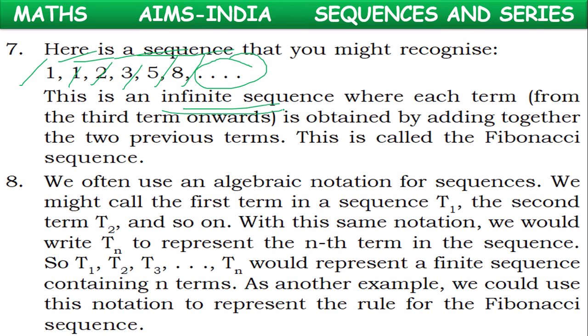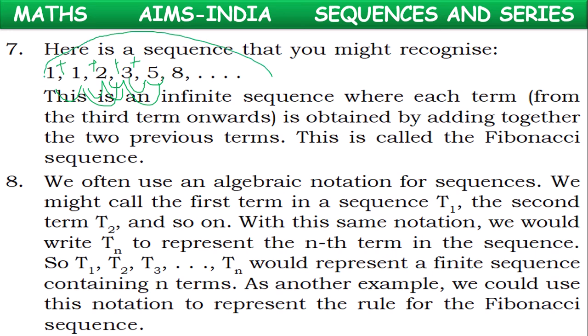So this is an infinite sequence where each term from the third term is obtained by adding together the two previous terms. Here, 1 plus 1 is 2, 1 plus 2 is 3, 2 plus 3 is 5, 3 plus 5 is 8.